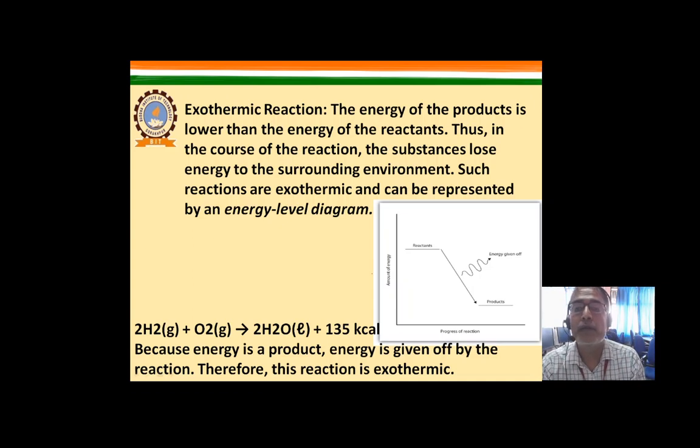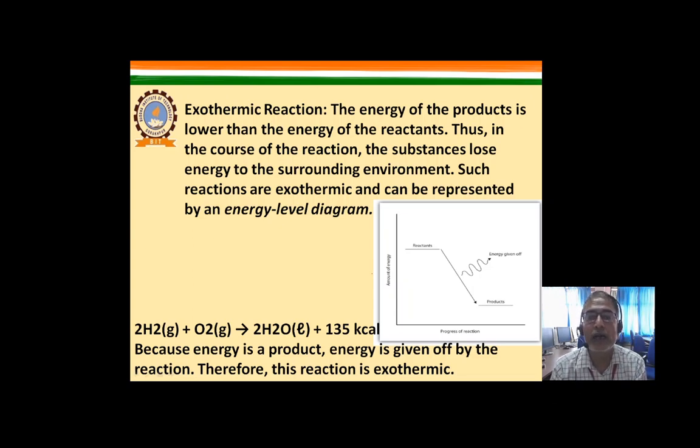Now, exothermic reaction. The energy of the product is lower than the energy of the reactant. When the energy of the product is lower than the energy of the reactants, this type of reaction is known as exothermic reaction. Thus, in the course of reaction, the substance loses energy to the surrounding environment.